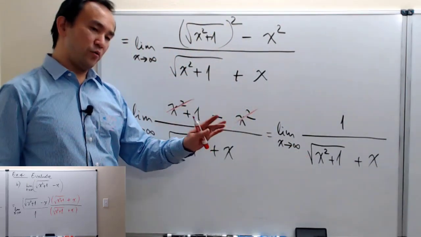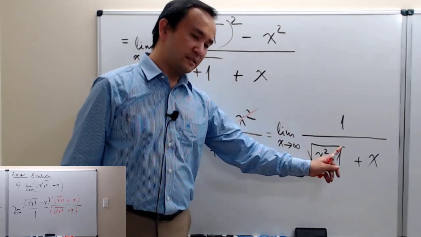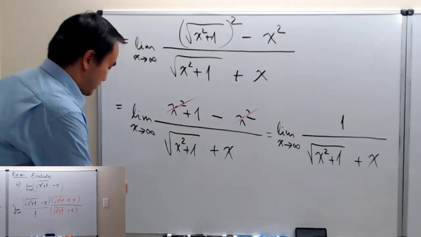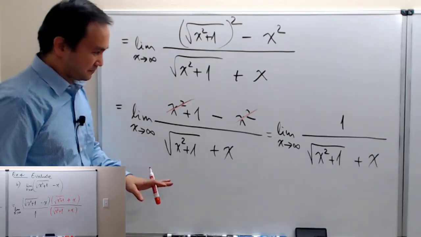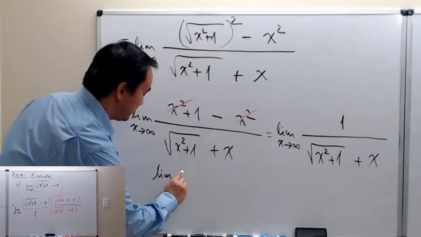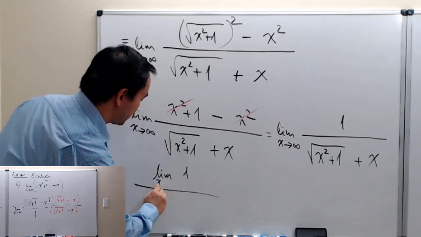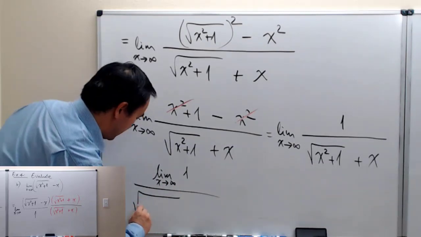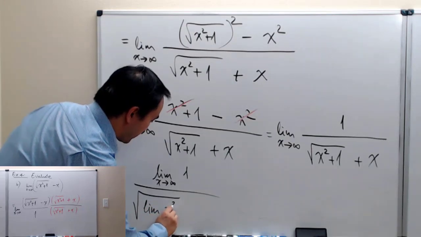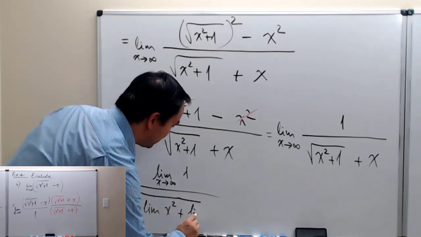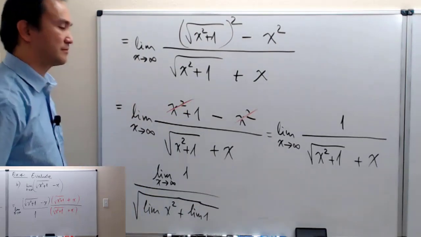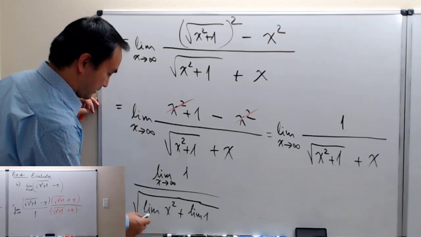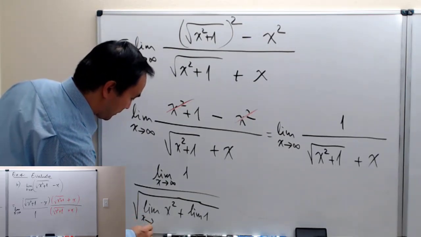At this point, we are about ready to apply the limit laws, the basic limit laws that we've learned much earlier in the quarter. So here I'm looking at the limit of 1 in my numerator, x going to positive infinity. In the denominator, eventually it will lead to the limit of x squared inside the square root plus the limit of 1, letting limits go to positive infinity.